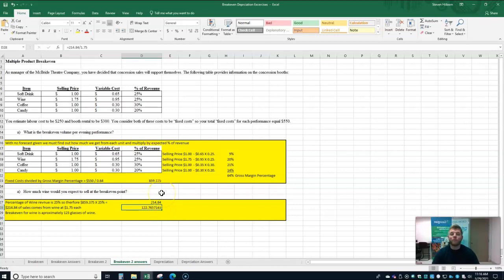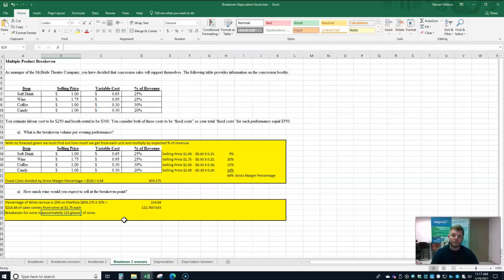Why we do this, and why we think it's important, is because not only are we looking at break-even, we're looking at the percentage of revenue that each of the individual items gives us and the cost of those. At minimum, we need to order 123 glasses of wine to break even, and we probably want to add on more. But that gives you some minimums to work with.